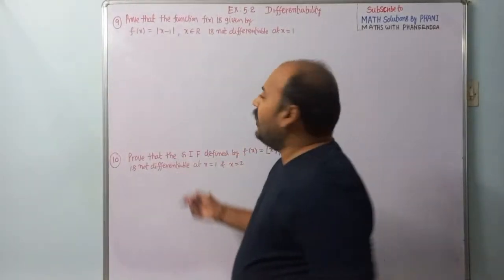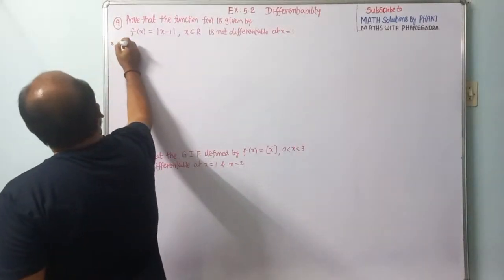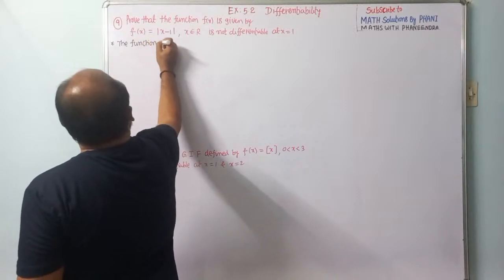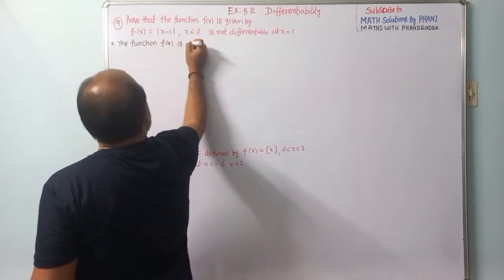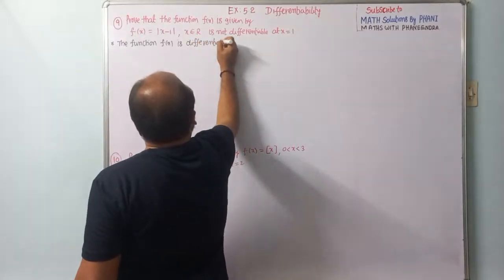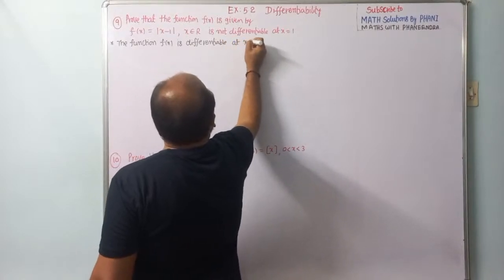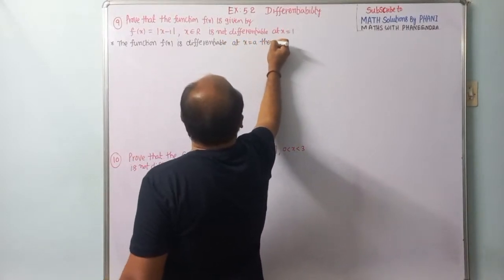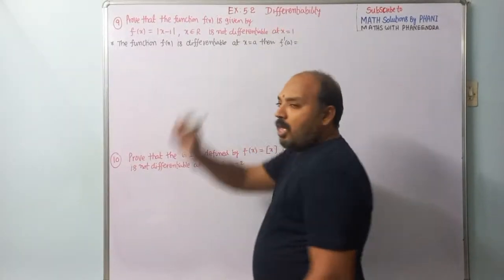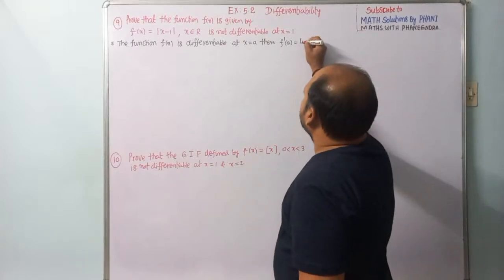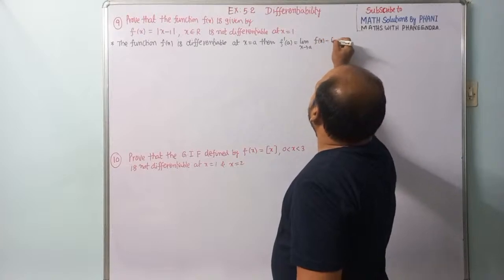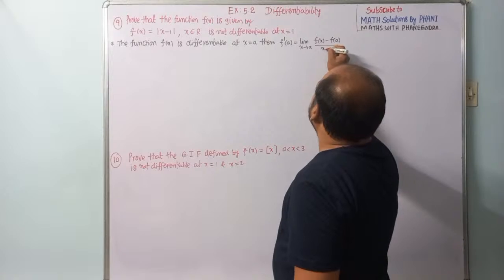Generally we have a formula: the function f of x is differentiable at x is equal to a, then f dash of a equal to limit x tends to a, f of x minus f of a divided by x minus a.